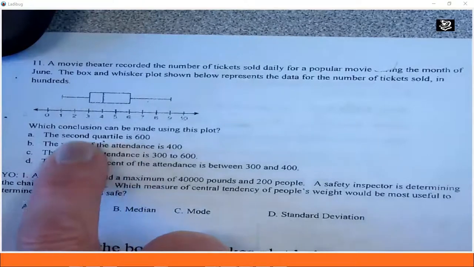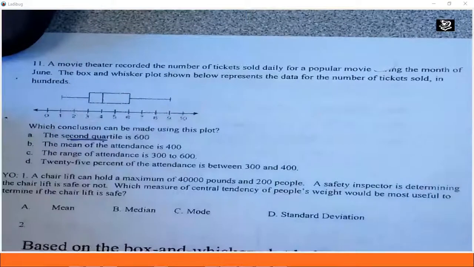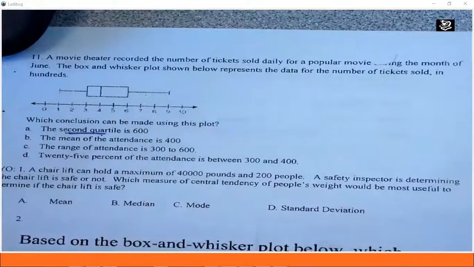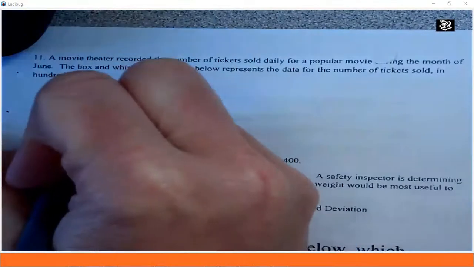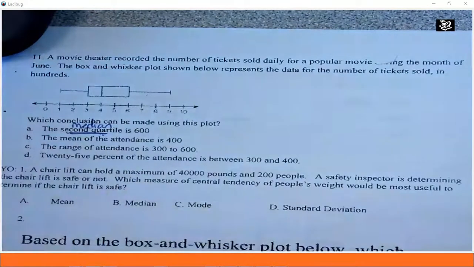Let me ask you this, Micah. What's another name for the second quartile? I don't know. All right, the second quartile, guys, write this down, is the median. The second quartile is another name for the median. Write it down.